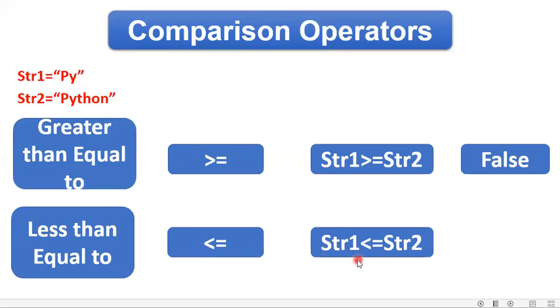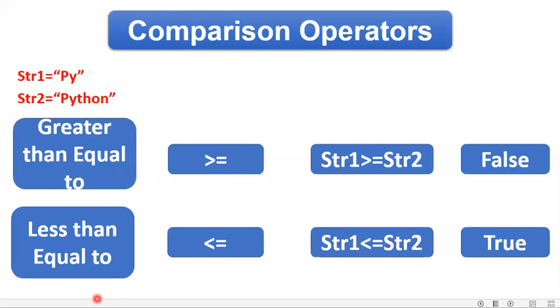If we check str1 less than equal to str2, I will definitely get the result true. Why? Although both the strings are not equal, str1 is lesser than str2. So if either of the operations becomes true, I will get the result true. So these are my comparison operators through which I can compare one string with another string in sequence.